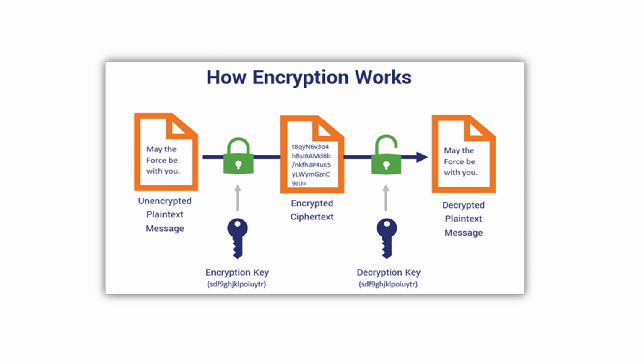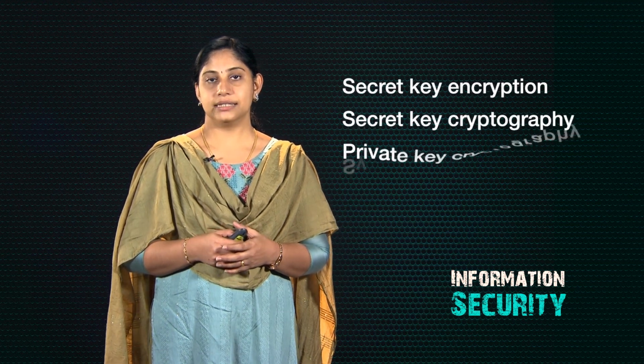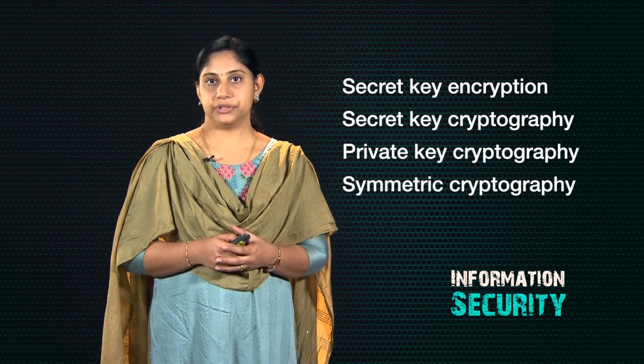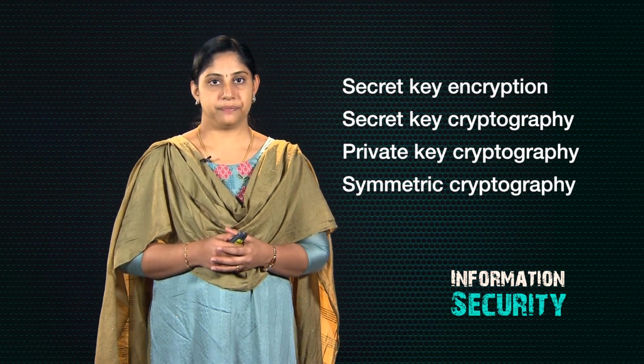In the example shown here, we use the same key for encryption and decryption, which means this is symmetric encryption. Here, only the sender and recipient can read and access the data. This is why it is also sometimes called secret key encryption, secret key cryptography, private key cryptography, and symmetric cryptography.